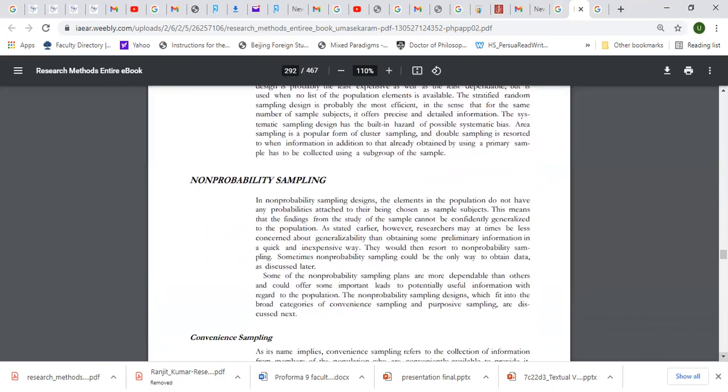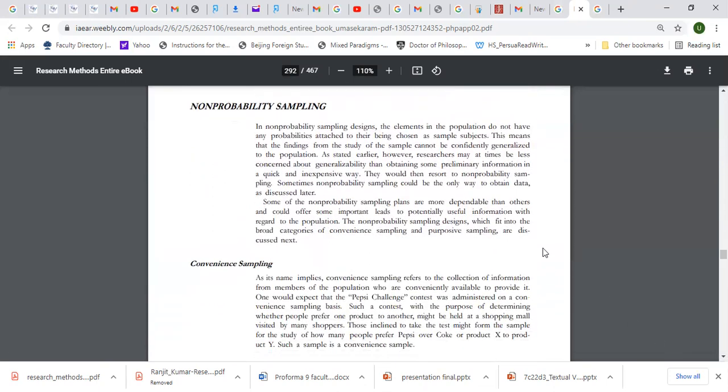Then we come towards non-probability sampling. Non-probability sampling is further divided into many types, and one of the types is convenience sampling.